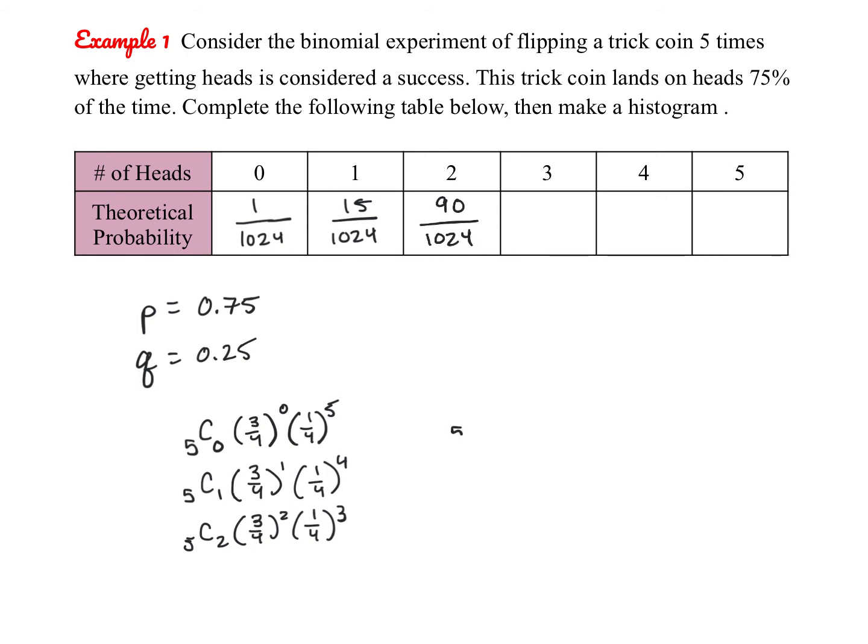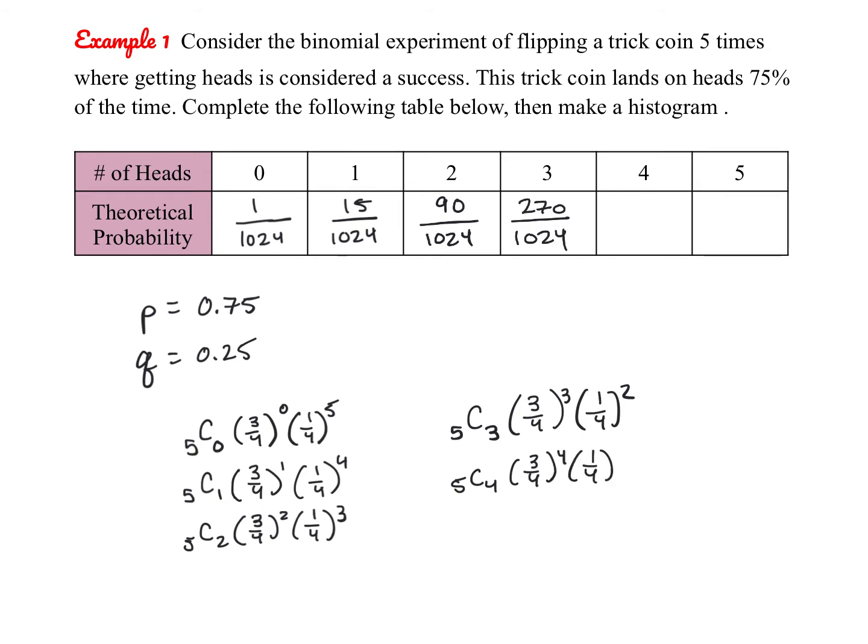For 3 heads, we have 5 choose 3 times 3/4 cubed times 1/4 squared, which ends up being 270 over 1024. Then for 4 heads, 5 choose 4 times 3/4. So there's 4 successes and 1 failure, which gives us 405 over 1024.